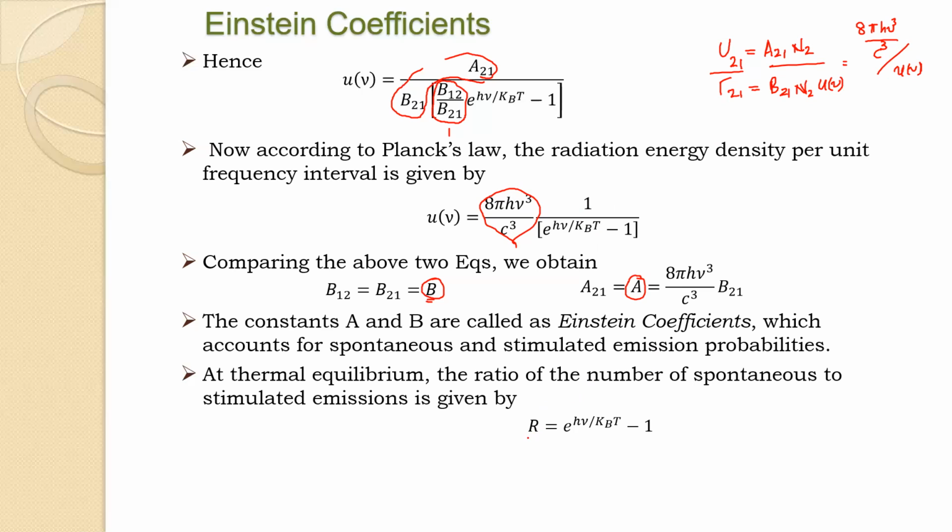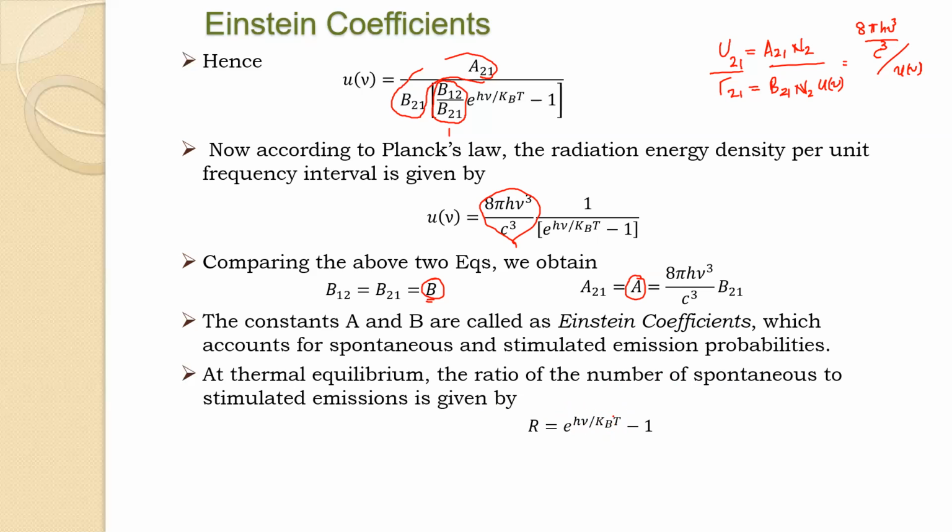So the ratio is equal to e raised to h nu divided by kBT minus 1. It is the ratio of the number of spontaneous to stimulated emissions.